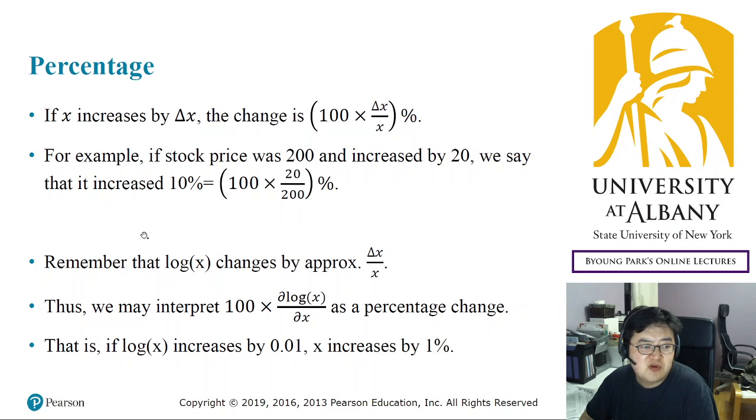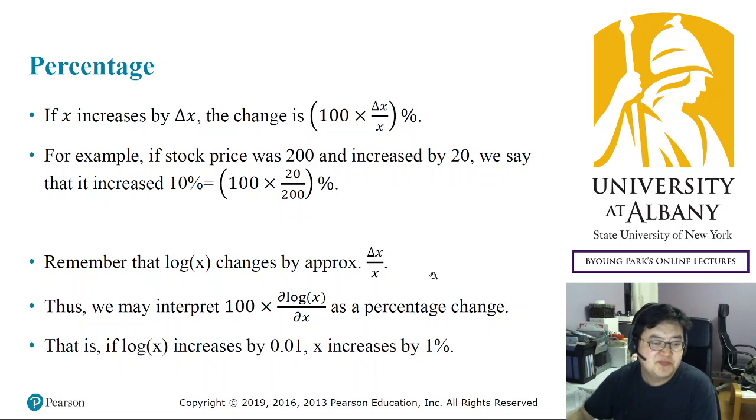And then we have seen this guy earlier from the logarithm. Remember, when x increases by delta x, log x increases by delta x over x. So if you multiply by 100, it becomes a percentage.